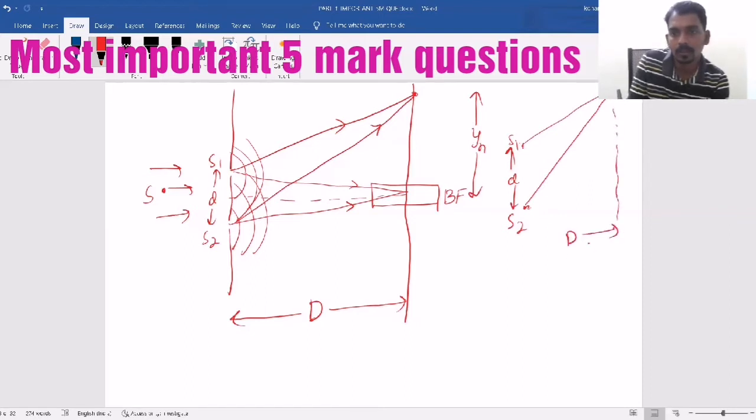Now this is capital D. Now this is the central line.